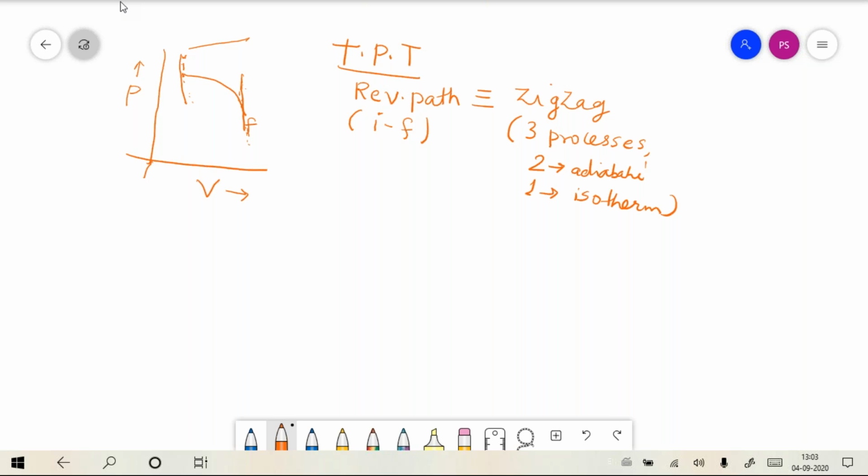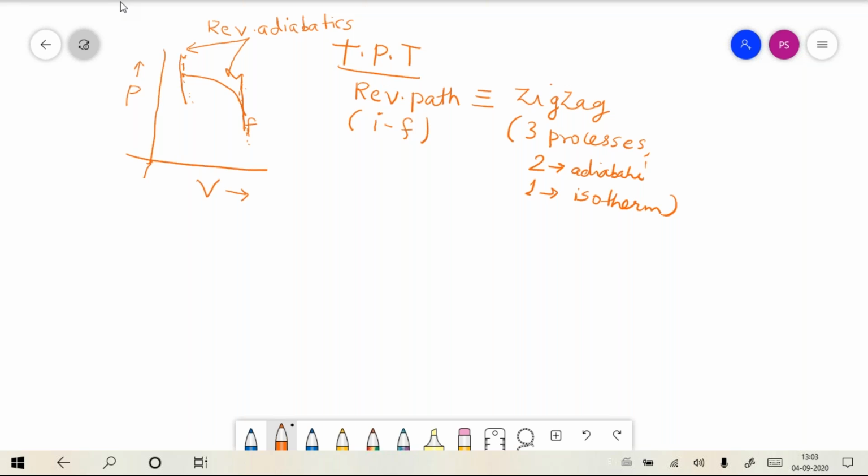So these two which I have drawn are reversible adiabatics, and you see that I have drawn them parallel, making use of the fact that two reversible adiabatics cannot intersect with each other. Okay, so what I have drawn is two reversible adiabatics, and they are drawn at the ends, that is at the state I and state F.